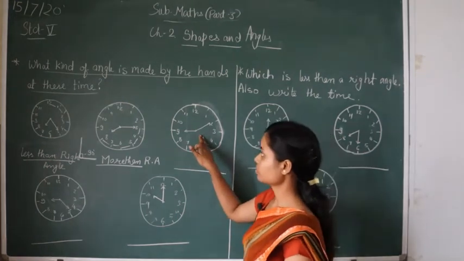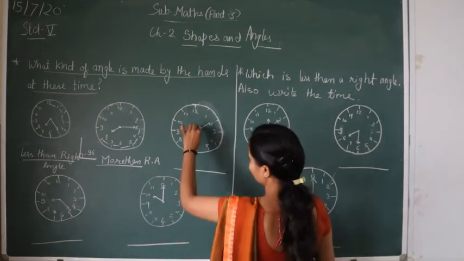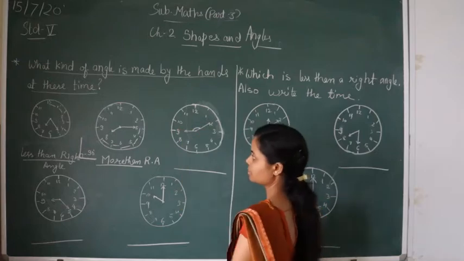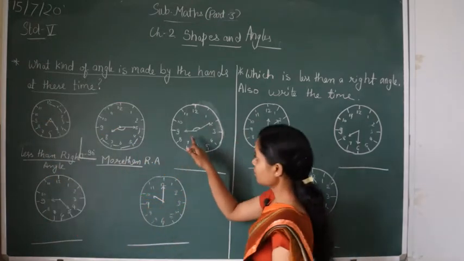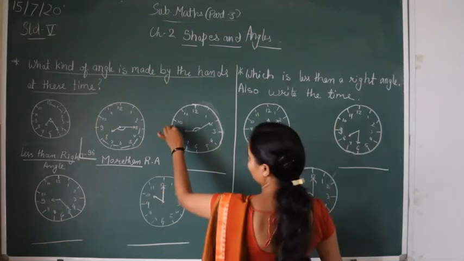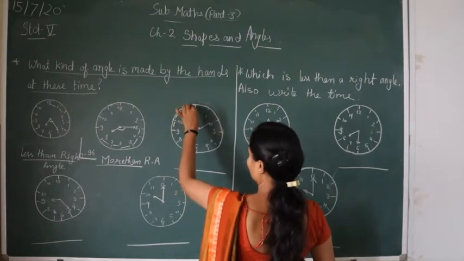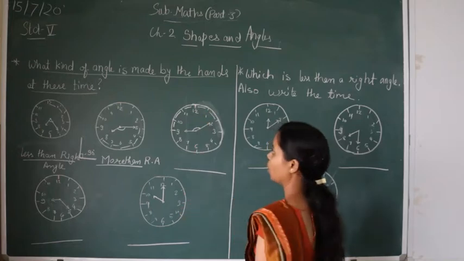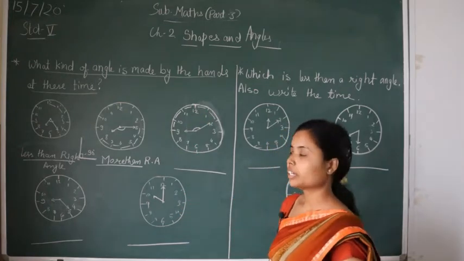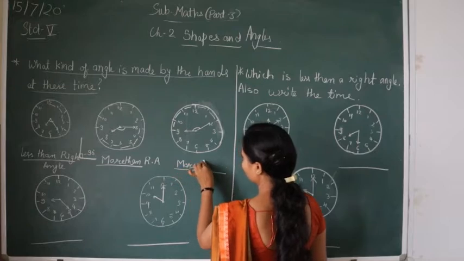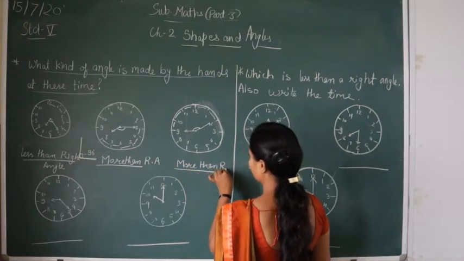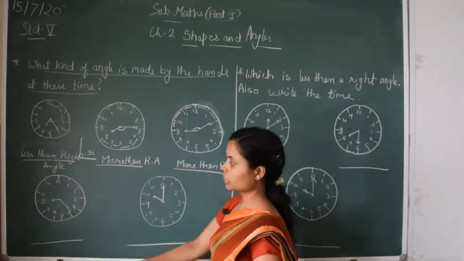Look here. Here the angle is this, here the angle is this, and here this. Now look here. 1, 2, 3, 4, 5. How many sectors are there? There are 5 sectors. So this is also more than a right angle. Okay.